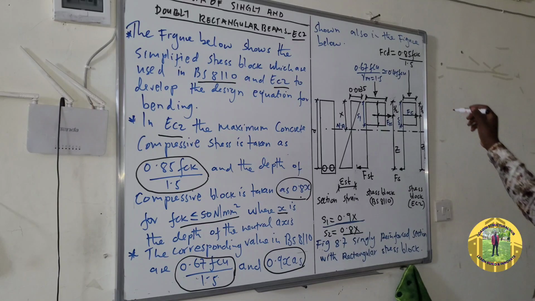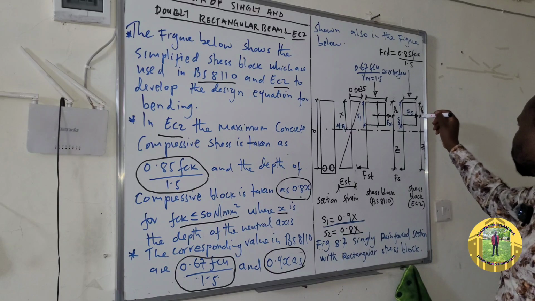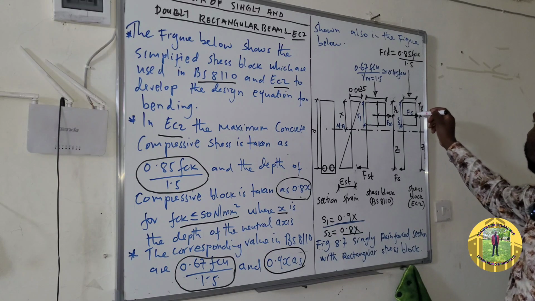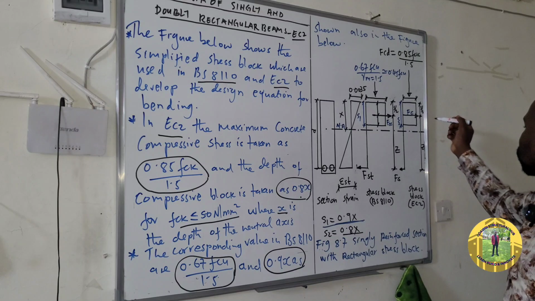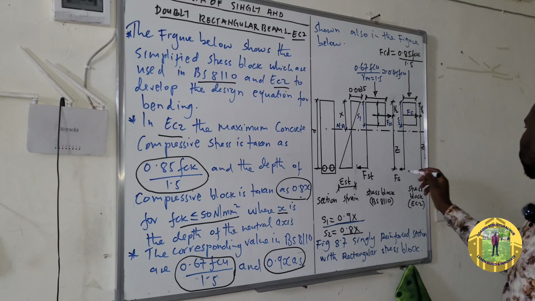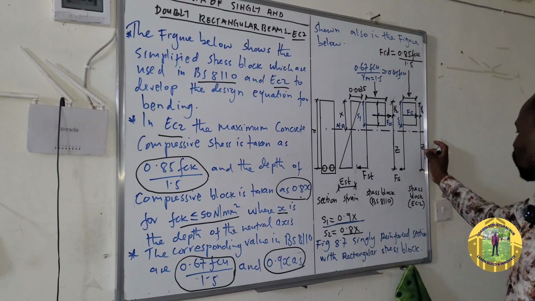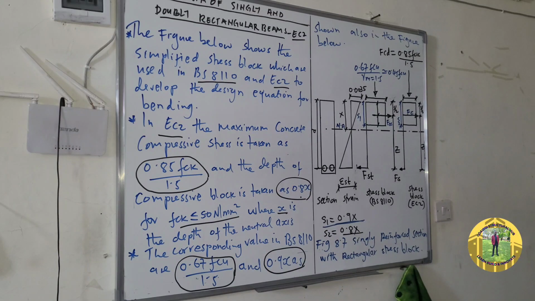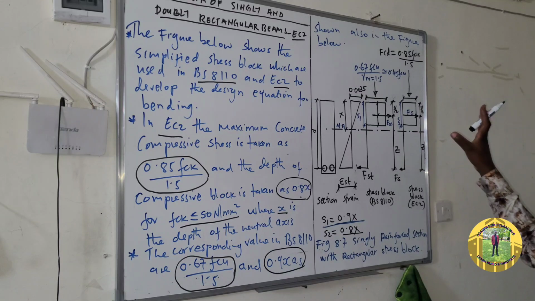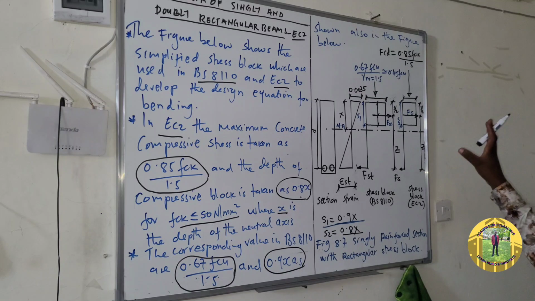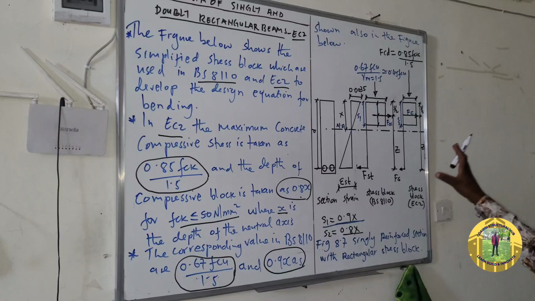And this distance from here up to where this compressive force is, is S over 2. And then from here up to where the tension force is, is what we call Z. So this is all about the singly reinforced section with rectangular stress blocks.